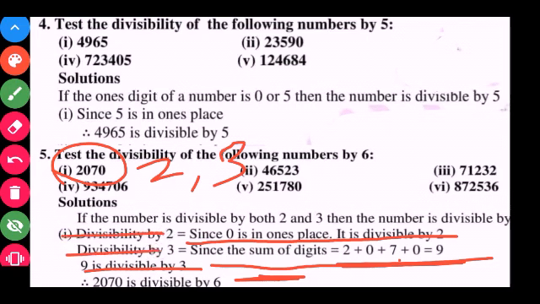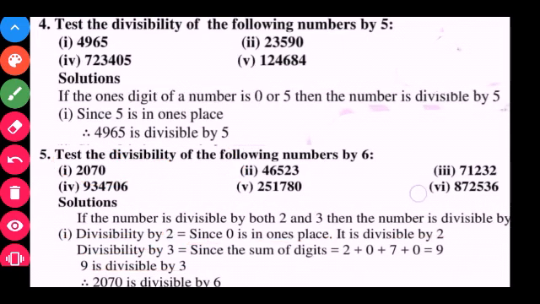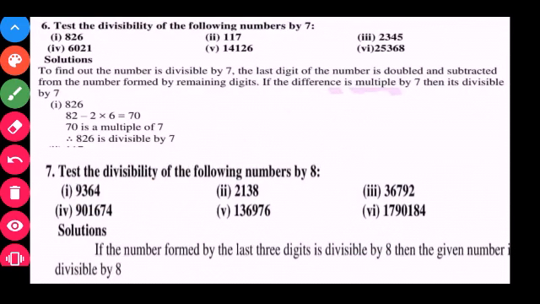Okay, done. Now the next part, divisibility of 7. How to check divisibility of 7? To find out if a number is divisible by 7, the last digit of the number is doubled and subtracted from the number formed by the remaining digits. Okay, this is very important.